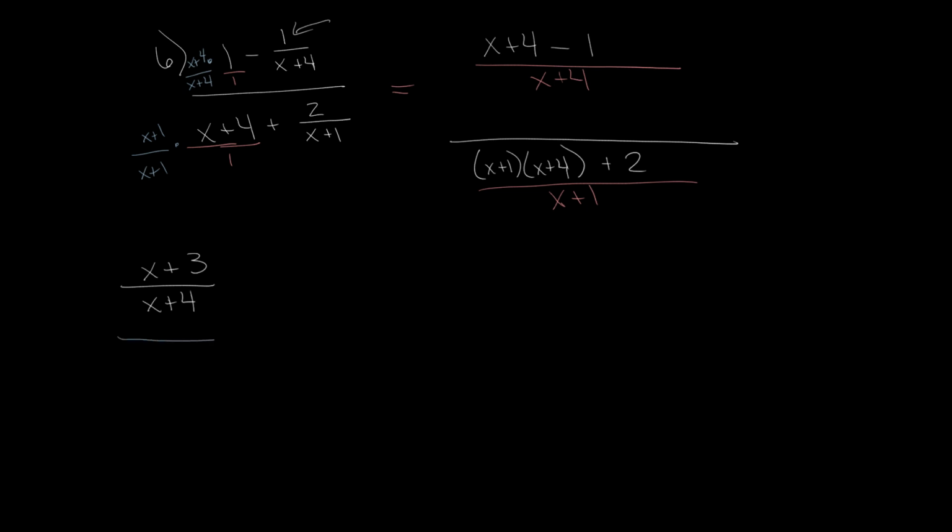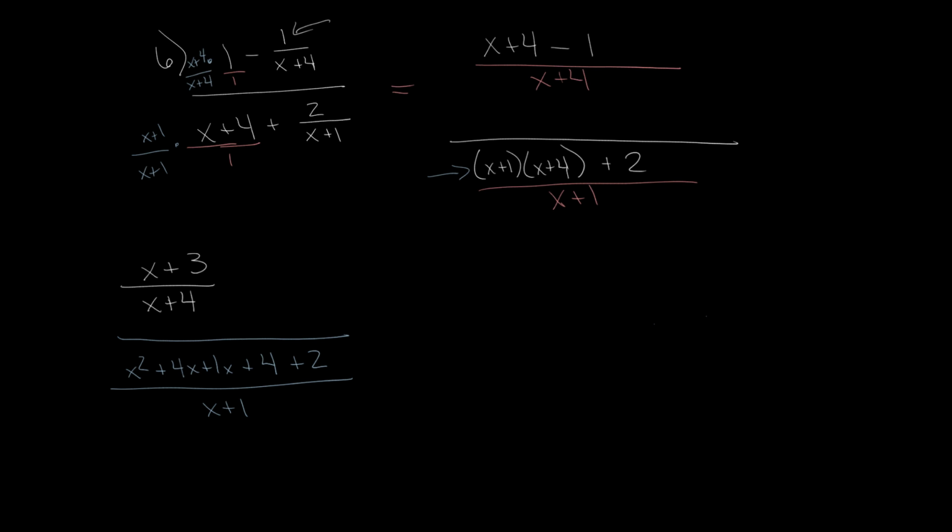And then in the denominator, I am going to multiply this x plus 1 times x plus 4 right here. When I do that, I would get x squared plus 4x plus 1x plus 4. And then I have that plus 2 out to the side, and that is all over x plus 1.